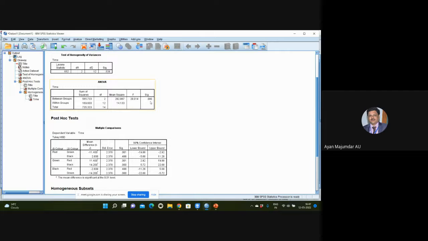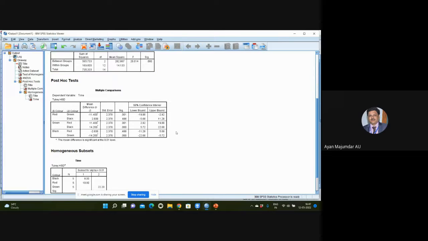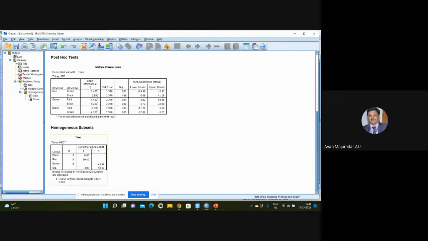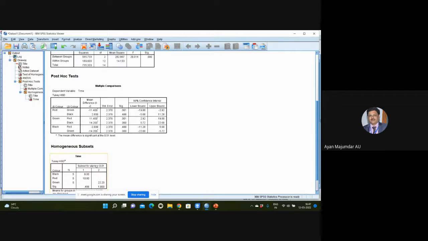Now, which is the inequality? The inequality here is green. You see here in the post hoc test that for green, the mean difference with both red and black is significant.